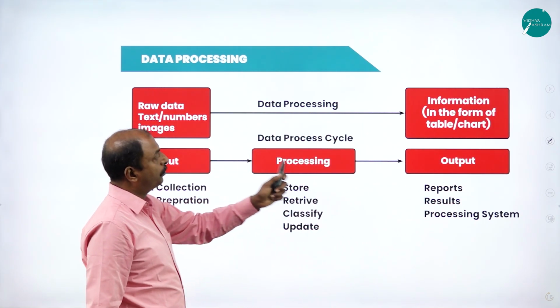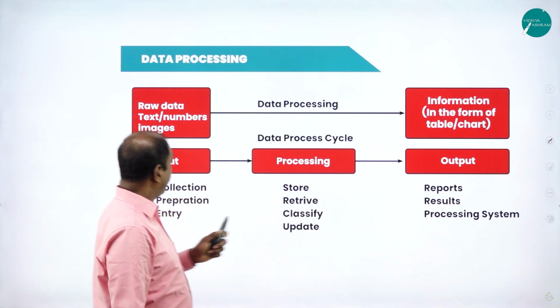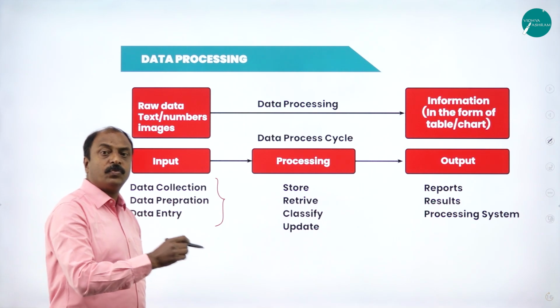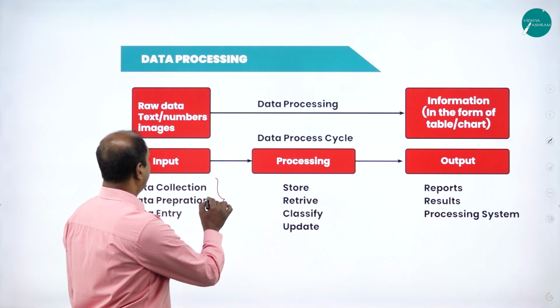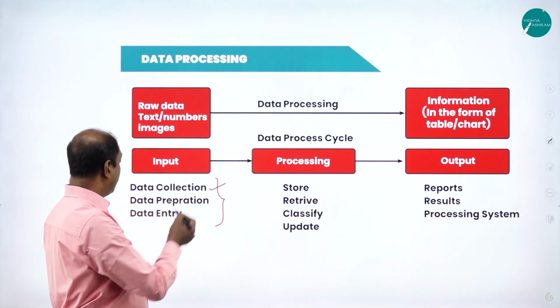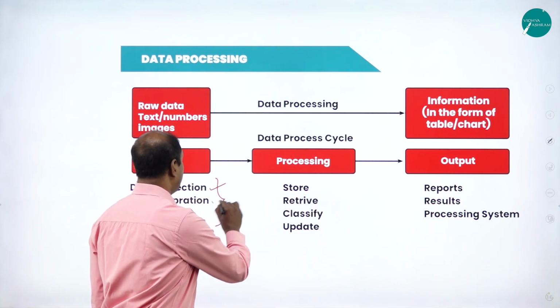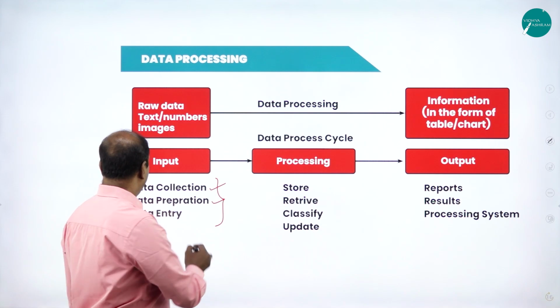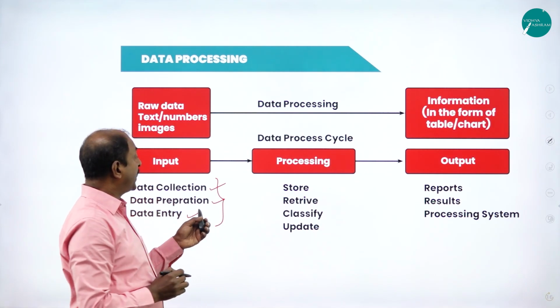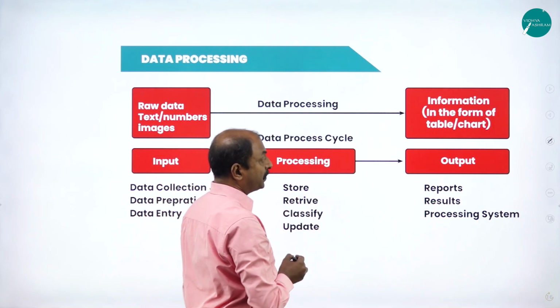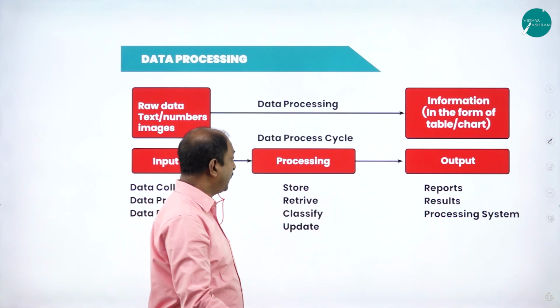So: input, process, output. To input the data, the data has to be collected. That is data collection, which you have learned so far, and data preparation. We have to prepare the data, and data entry, it has to be entered through computers. In the data processing cycle, the computer processes the data.